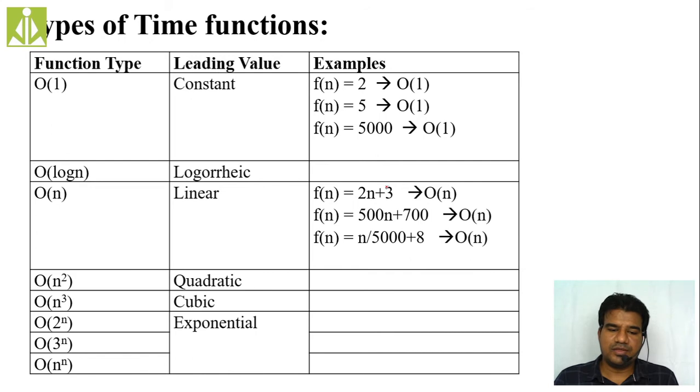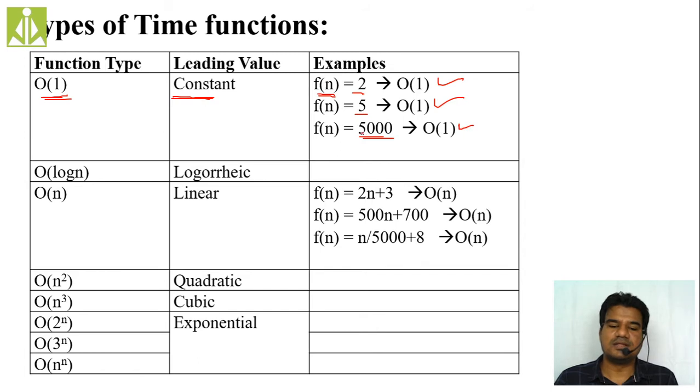If you are getting order of 1, it means you have a constant value inside your function. If your function is something like f of n equals 2, 5, 5000, whatever, without any polynomial, only a constant value, then your order will become order of 1: order of 1 for 2, order of 1 for 5, and order of 1 for 5000.